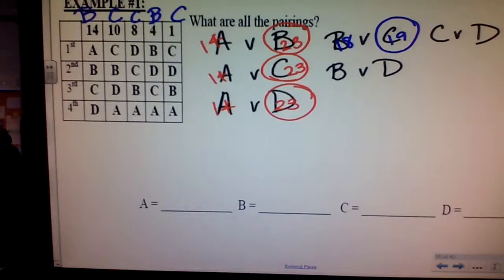For B versus D? No, it's 9. It should be, B versus D should have been what? 28 and 9. These are lopsided. So B takes that one. Oh, dang.